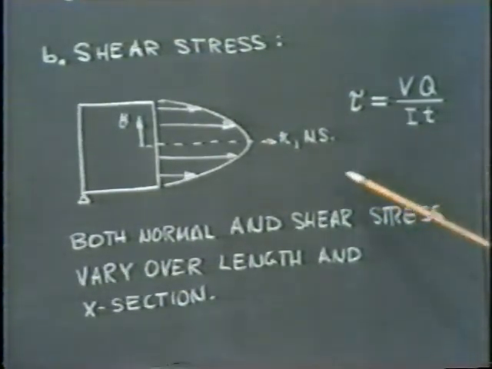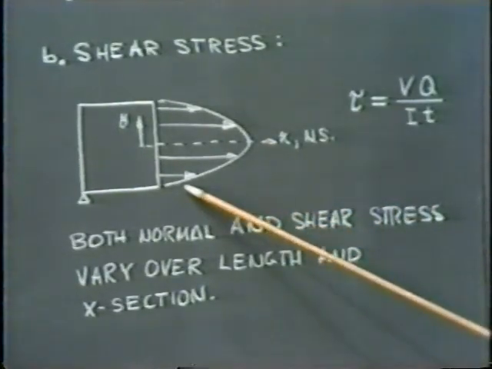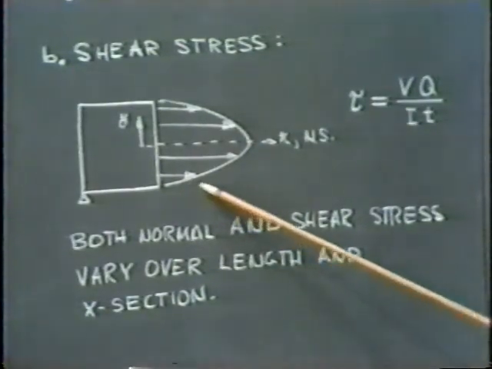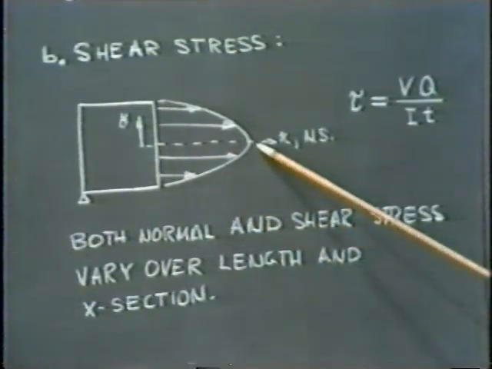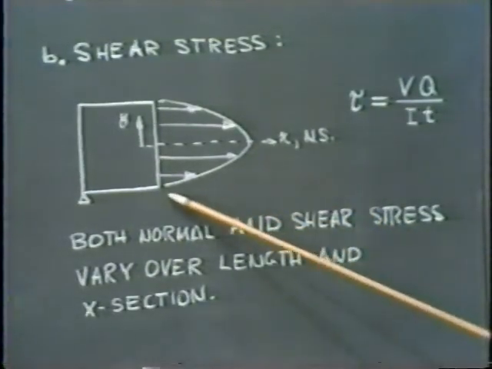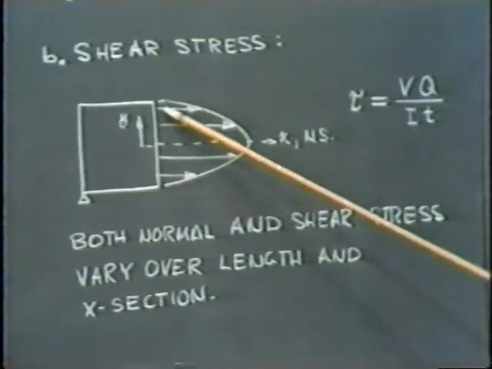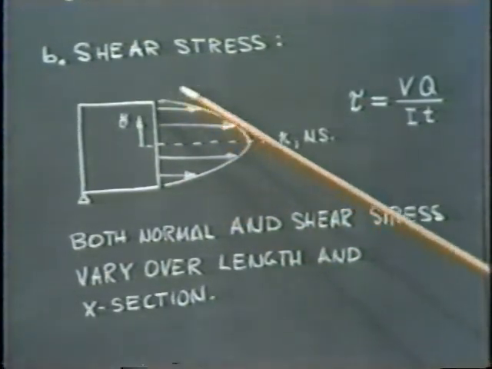Note again that the shear stress is distributed in a parabolic pattern across the exposed area here. It reaches a peak at the neutral surface and tapers off to 0, both at the bottom and the top fiber of our beam.